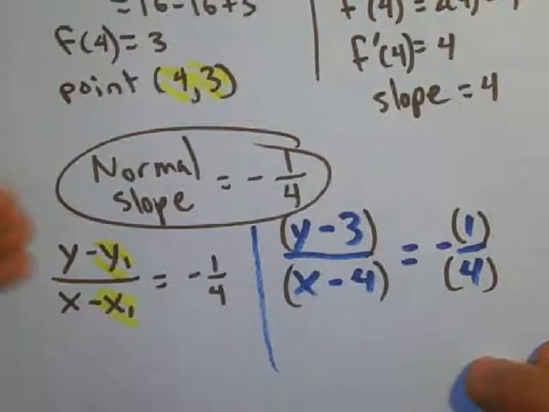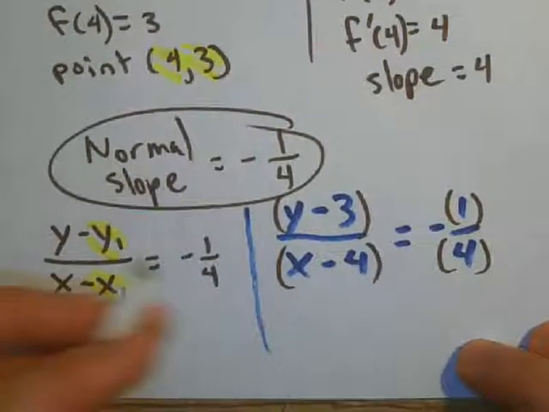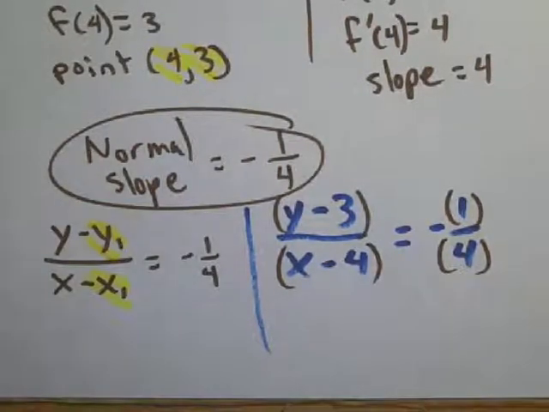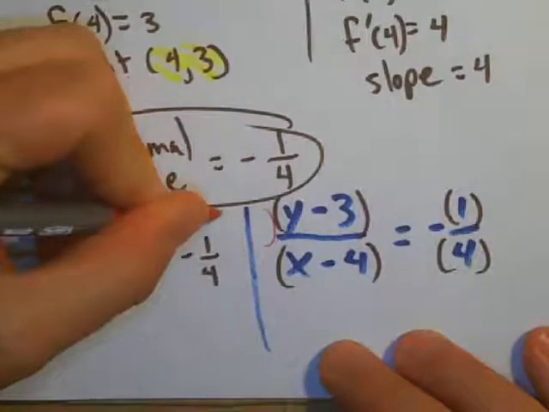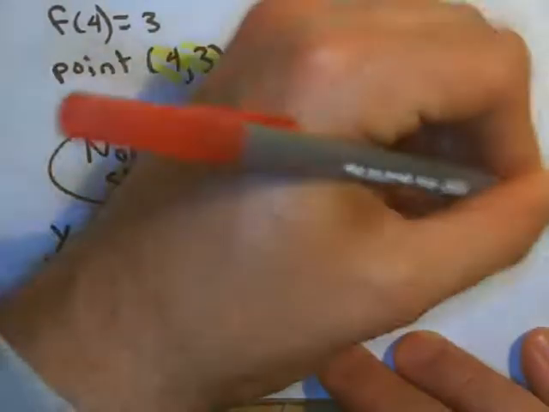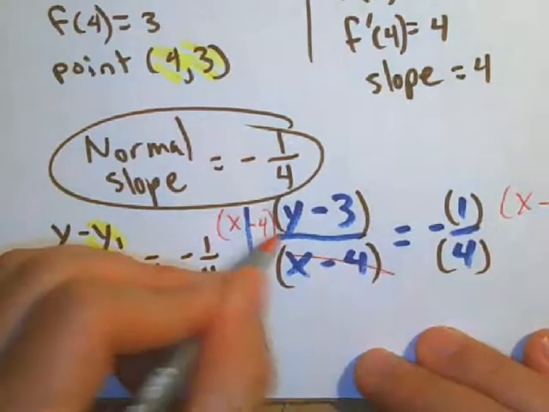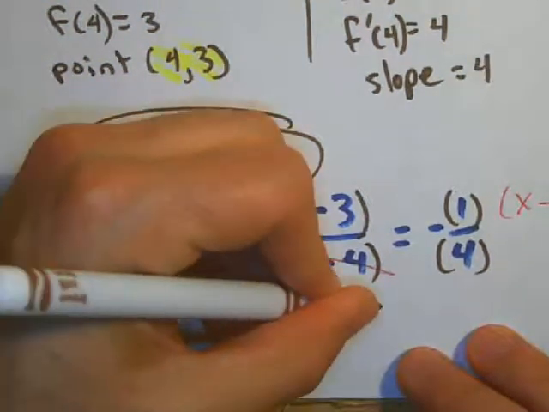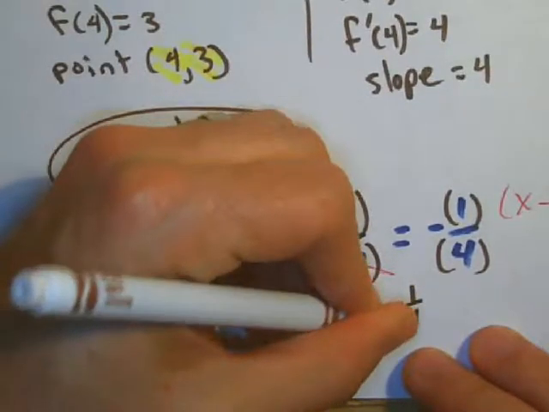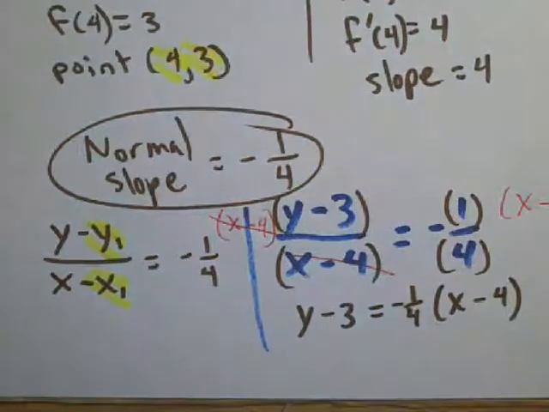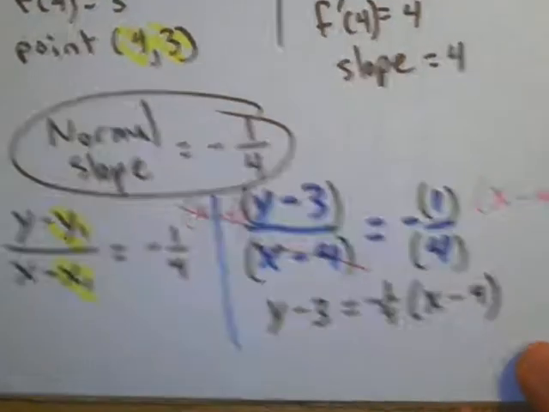Or maybe instead of cross multiplying, let's just multiply x minus 4 on both sides of the equation. That crosses that out, and then I end up with y minus 3 equals negative 1/4 times x minus 4. Because we're trying to solve for y anyways, right?